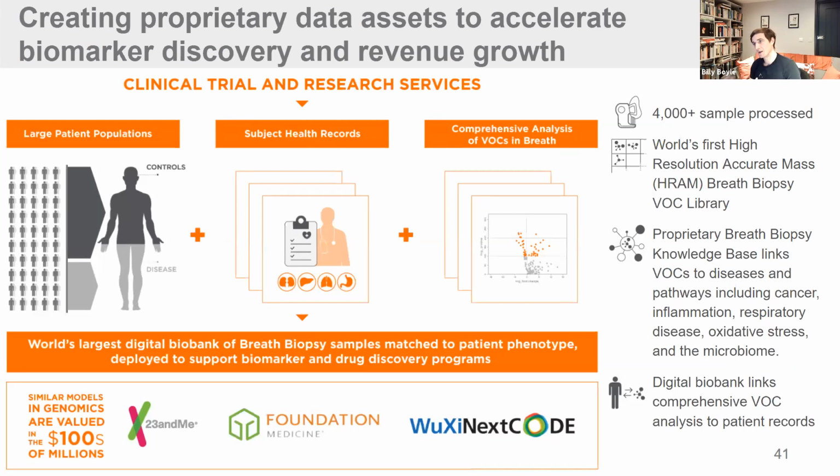So by running trials, ourselves or with our partners, by knowing whether or not those patients have a particular disease or a healthy control, other comorbidities, we can start to build quite unique data assets. So well phenotyped patients and all the compounds that we can analyze on their breath.